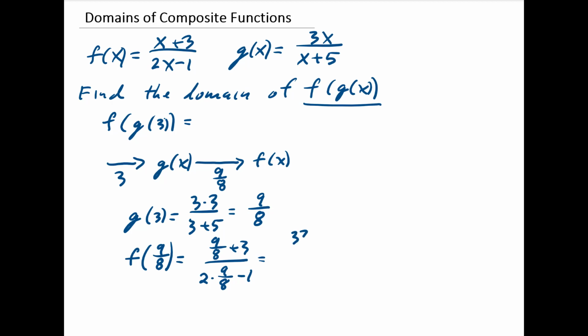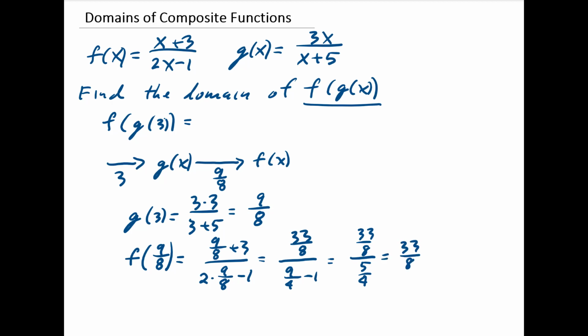That's 33/8 if you get common denominators, over 9/4 minus 1, which is 5/4.